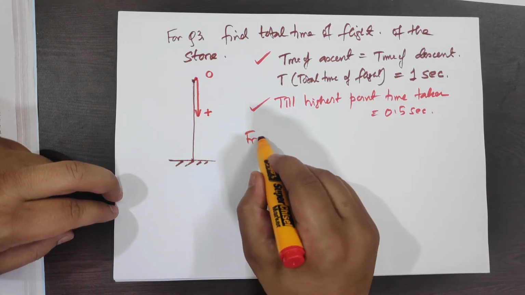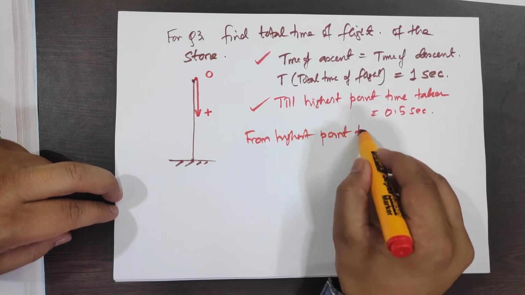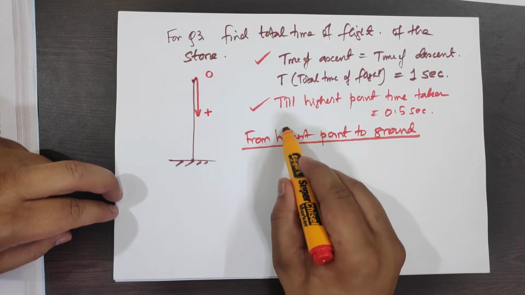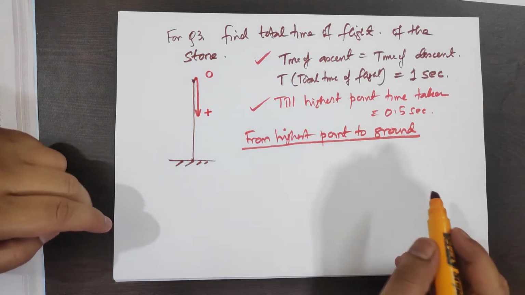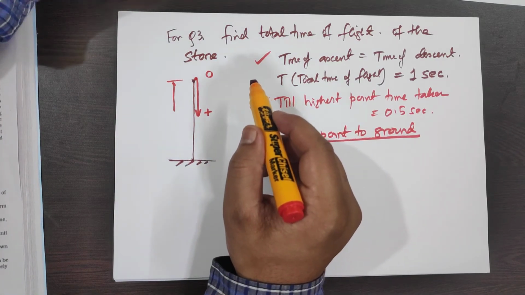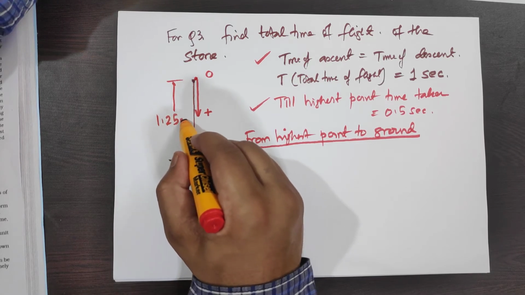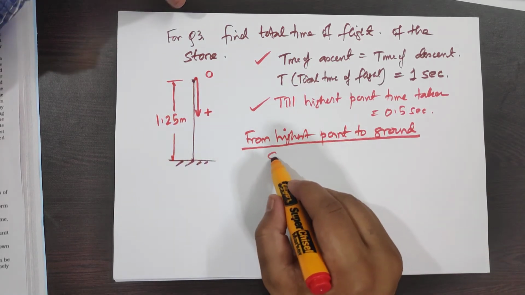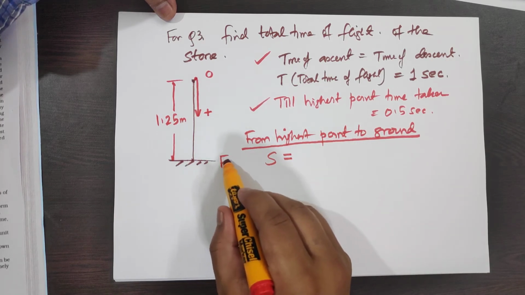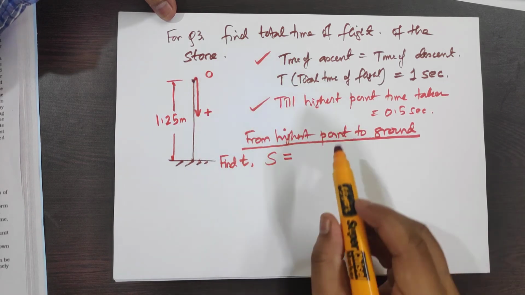From the highest point to ground again, here we have chosen the axis, and the height was calculated initially to be 1.25 meter. So find t, the time of descent from here to here.